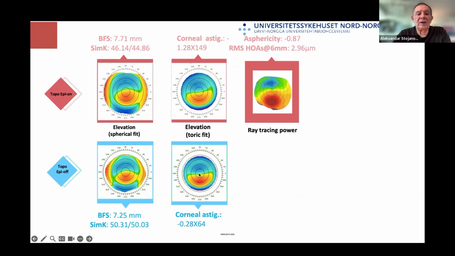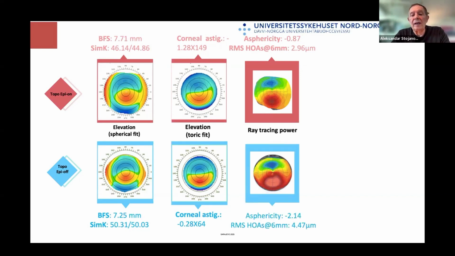So astigmatism increased from -2.8 to 1.28, but this is due to the coma, and we will soon see on the next level when we consider the ray tracing power.